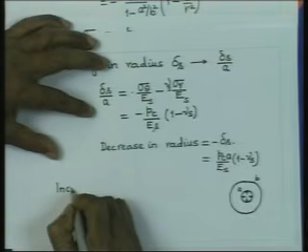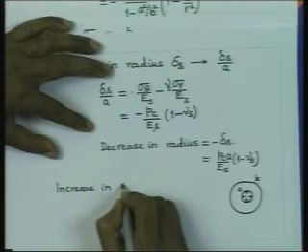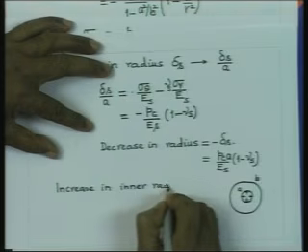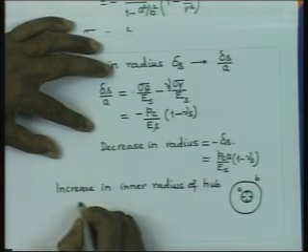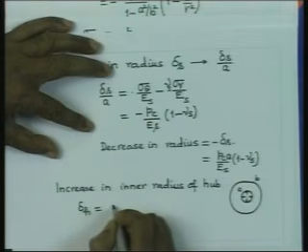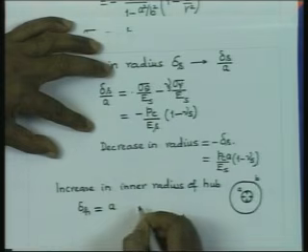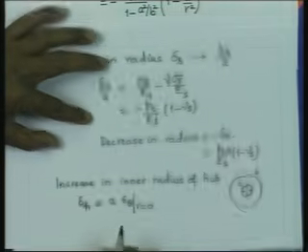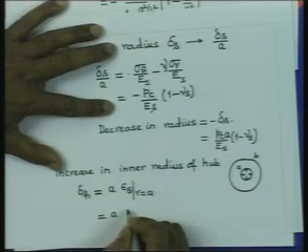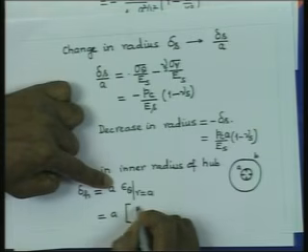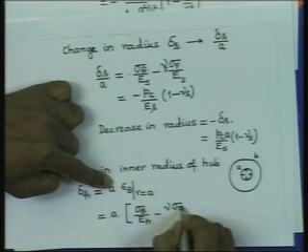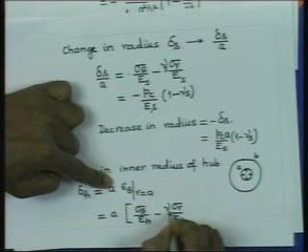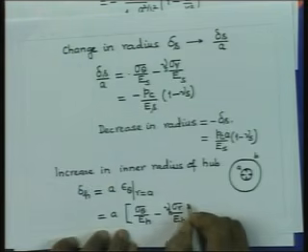So, the increase in inner radius of the hub, let us say that is delta hub, is going to be A multiplied by the strain in the circumferential direction at r equal to A. The strain is nothing but sigma theta by E of the material, let us say EH, minus nu sigma r by EH, with subscript H to indicate that it is for the hub.